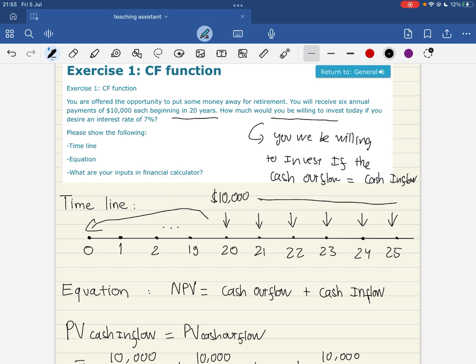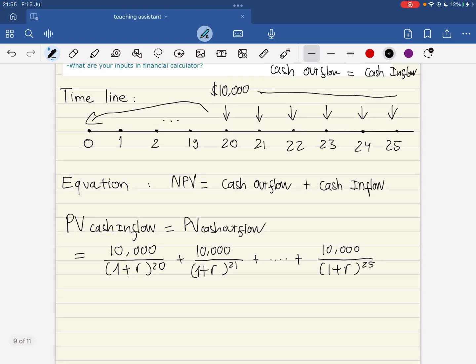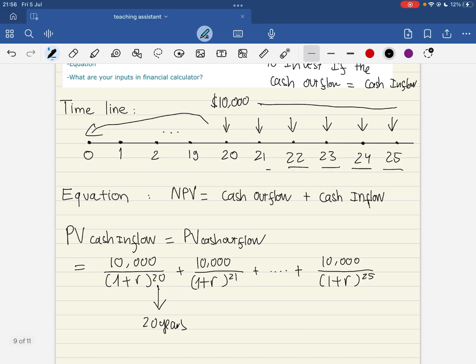Therefore, you have to take $10,000 divided by 1 plus R to the power of the number of periods, which is 20 years. And similarly, year 21, year 22, year 23, year 24, and year 25. So the next n are going to be 21, 22, 23, 24, and 25 respectively.